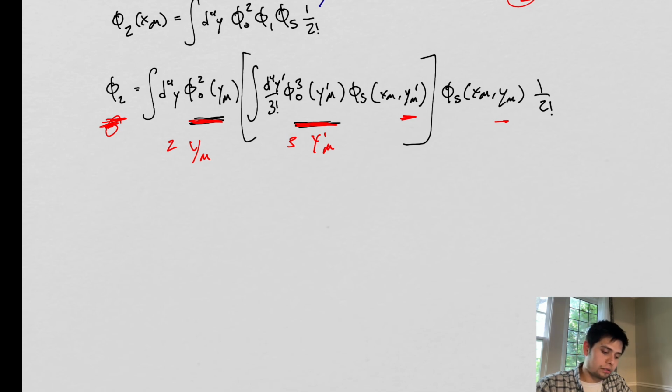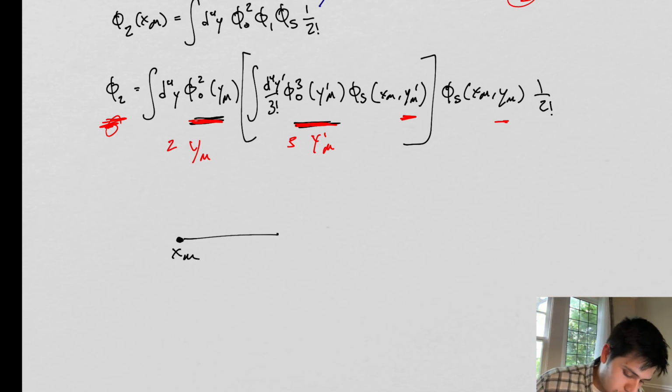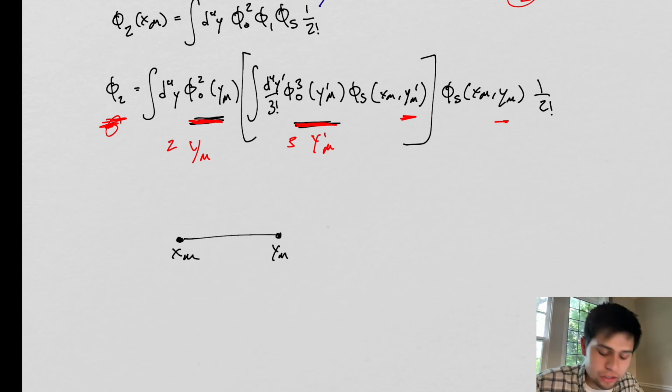The way the book likes to talk about it is, here's x, the point x mu in our field. And this is on page 250. At y mu, there's self-interaction going on, and we have our phi s, our interaction term.